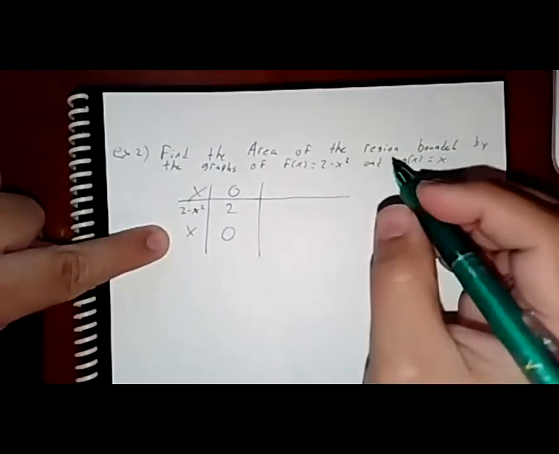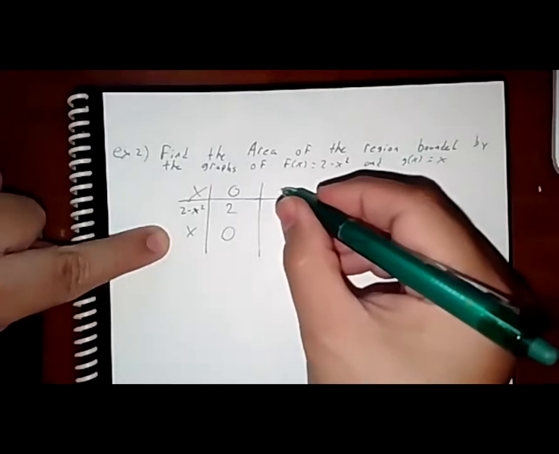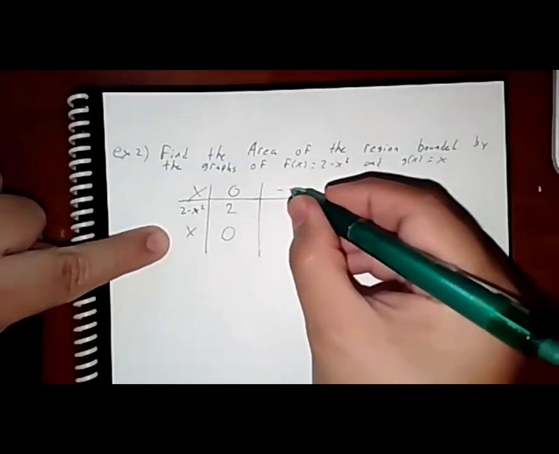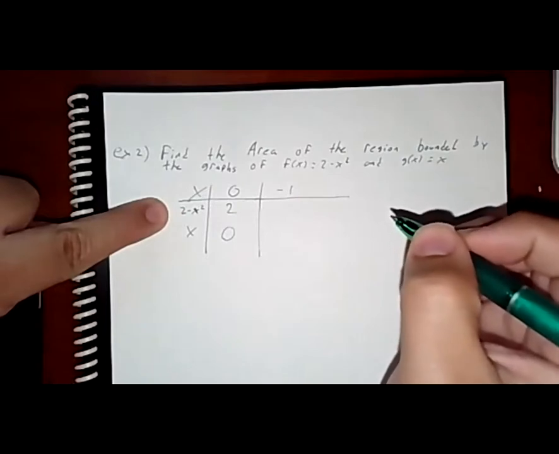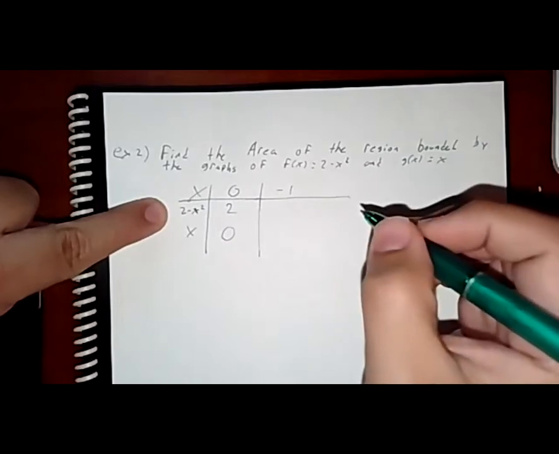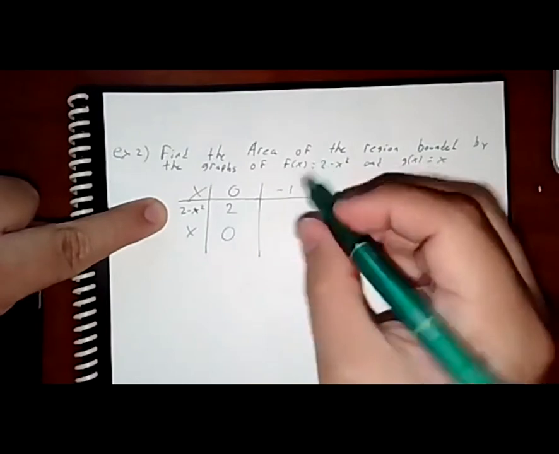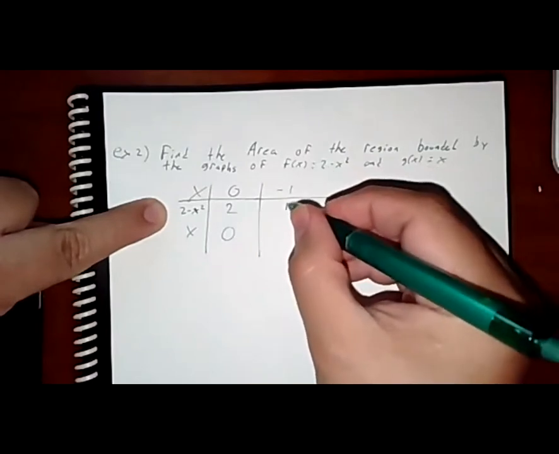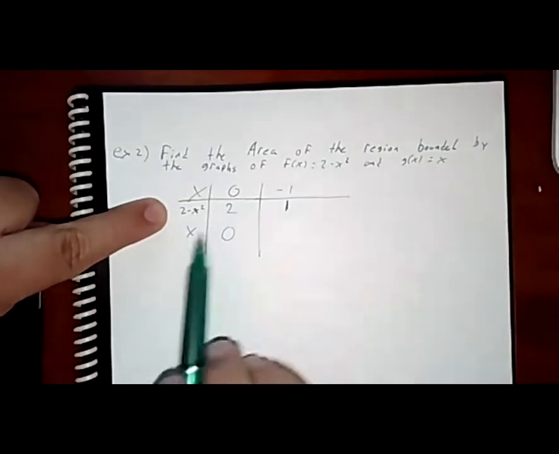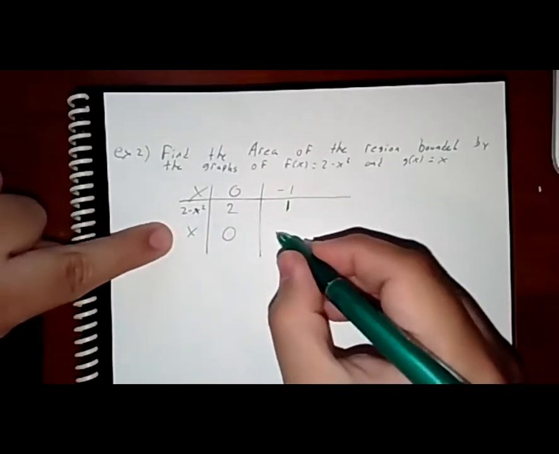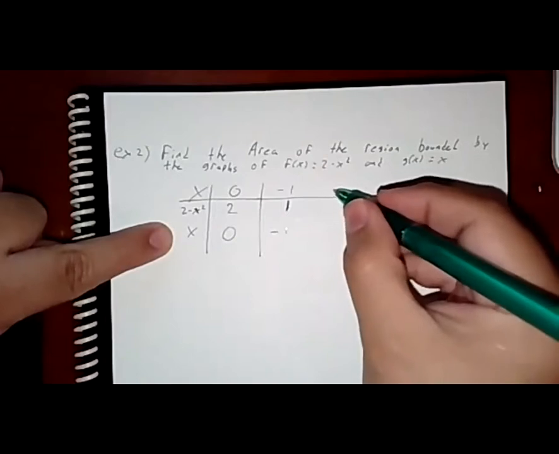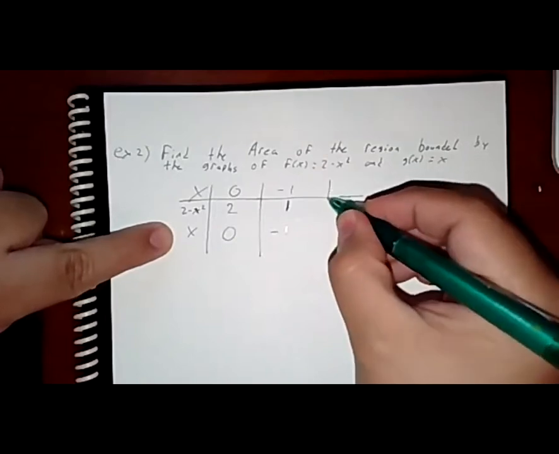Okay, now let's say I plugged in -1. What is this one going to be? 2 minus x squared is going to be 1, right? And this one, no big deal, right? Just plug in some random, easy points.